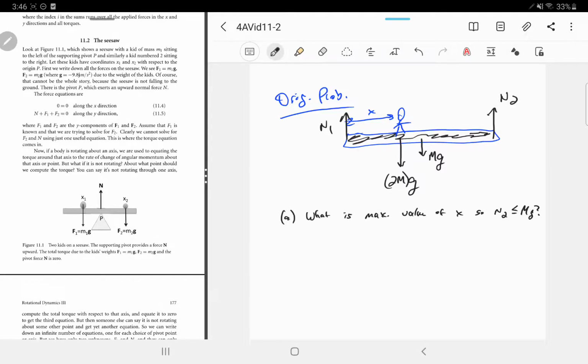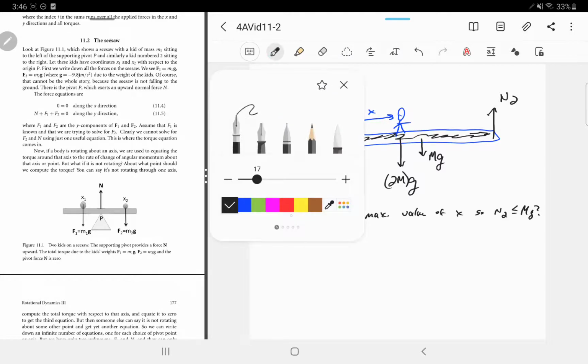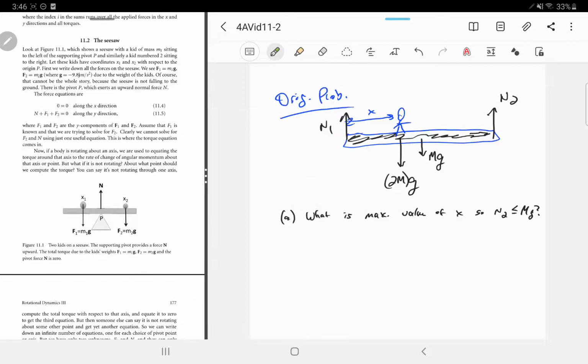In this problem, at least for part A, we don't care about N1, and we're not asked to solve for it. Our condition involves N2, but it doesn't involve N1. So because of that, let's choose the left end of our bar as our pivot. This is going to be our pivot point.